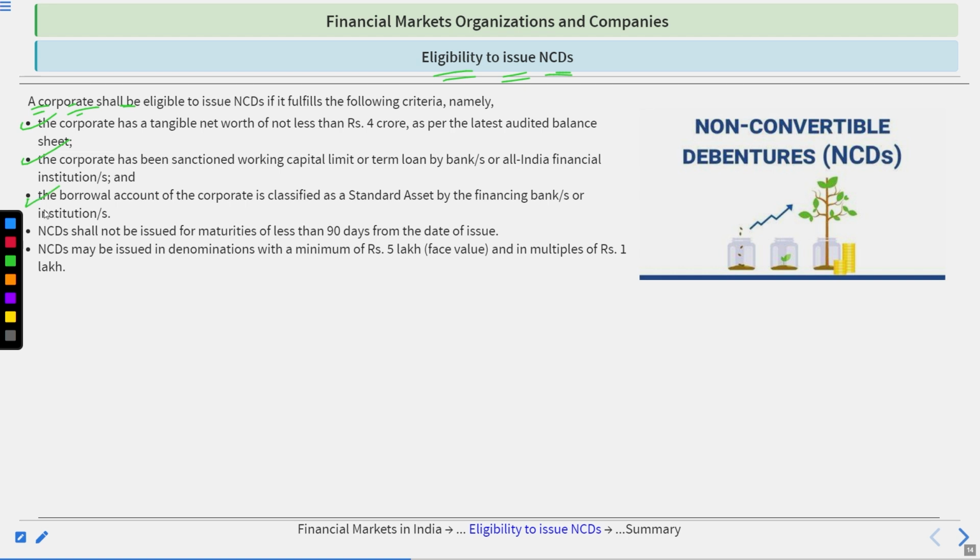Third, the borrower account of the corporate is classified as a standard asset by the financing banks or institutions. Fourth, the NCD shall not be issued for maturities of less than 90 days from the date of issue. And lastly, the NCDs may be issued in denominations with a minimum of rupees 5 lakhs face value and in multiples of rupees 1 lakh.